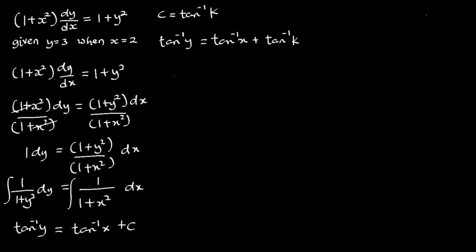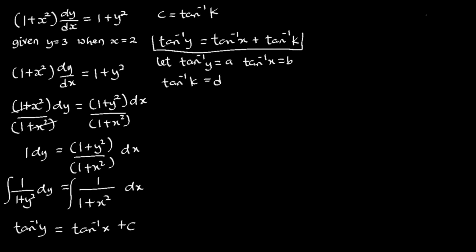From here, I'm going to introduce some variables. Let tan inverse of y be equal to A, tan inverse of x be equal to B, and tan inverse of k be equal to D. So we can write this equation: we know that tan inverse of y is equal to A, so A equals tan inverse of x plus tan inverse of k.